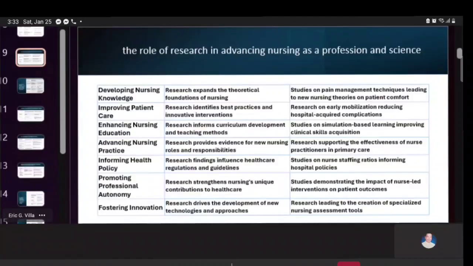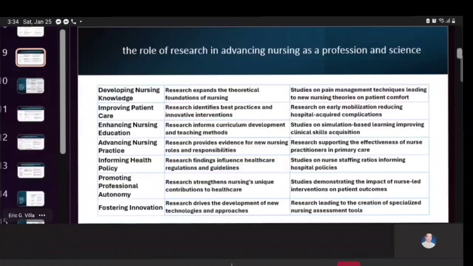This evidence has led to changes in nursing practice, emphasizing the importance of getting patients moving as soon as possible after procedures or during a hospital stay.